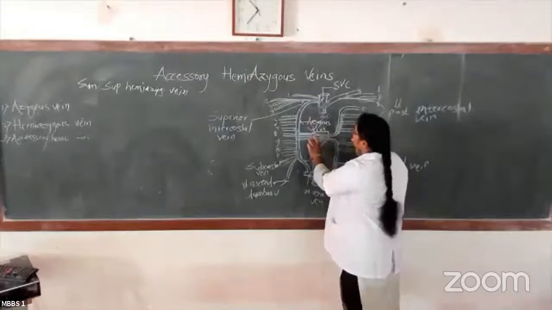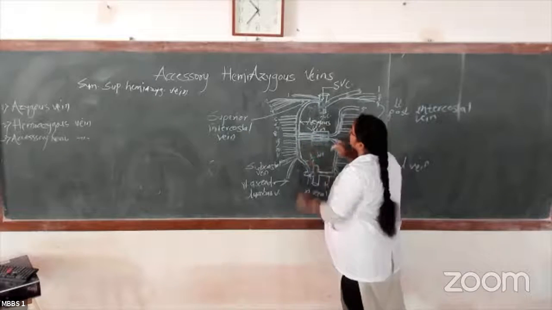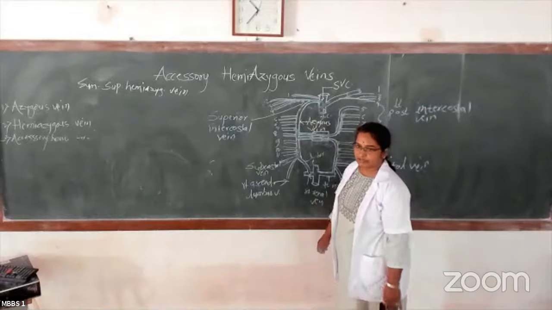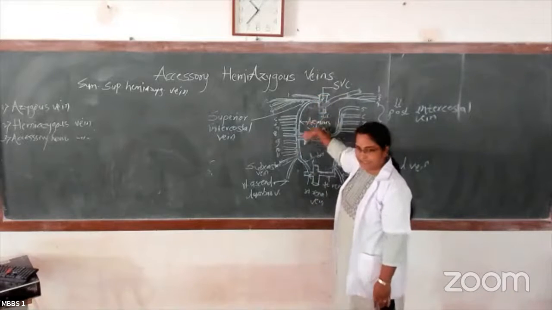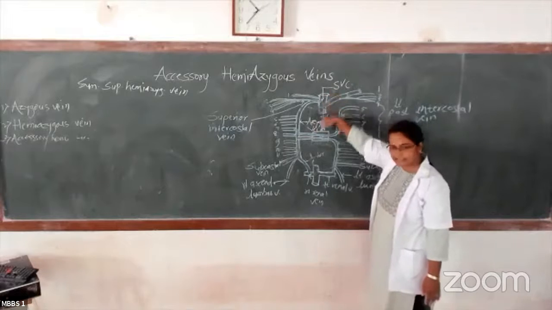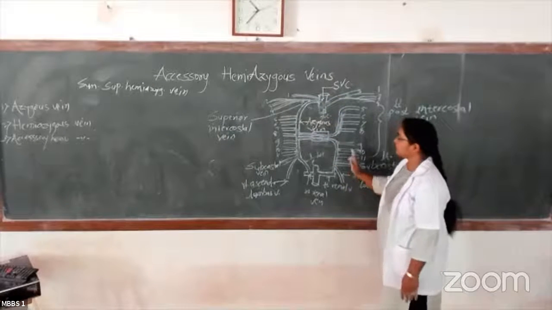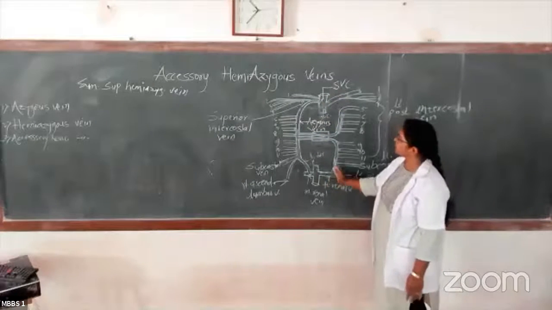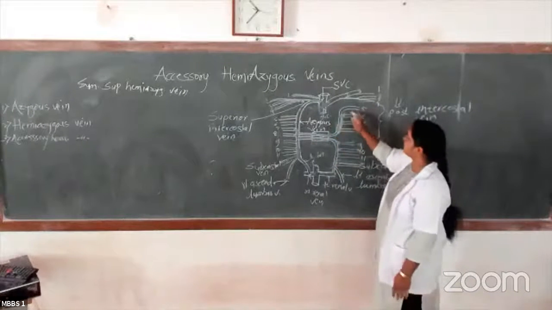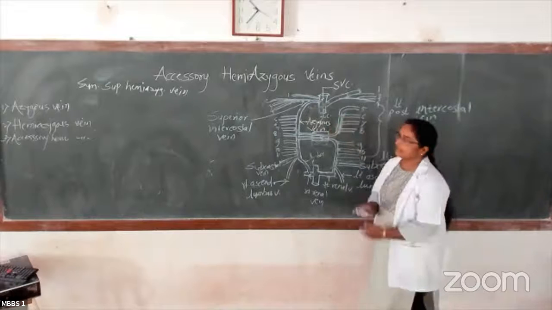It turns to the right side and opens in the azygous vein. Accessory hemiazygous vein in its course descends downwards, but this hemiazygous and azygous ascend upwards. Only the difference is that this accessory hemiazygous vein descends downwards.